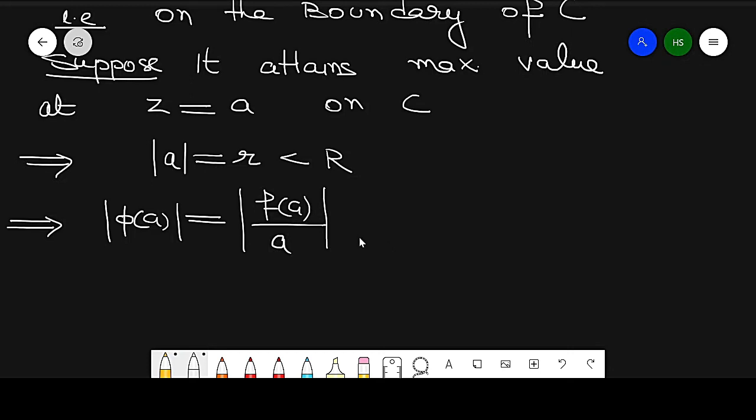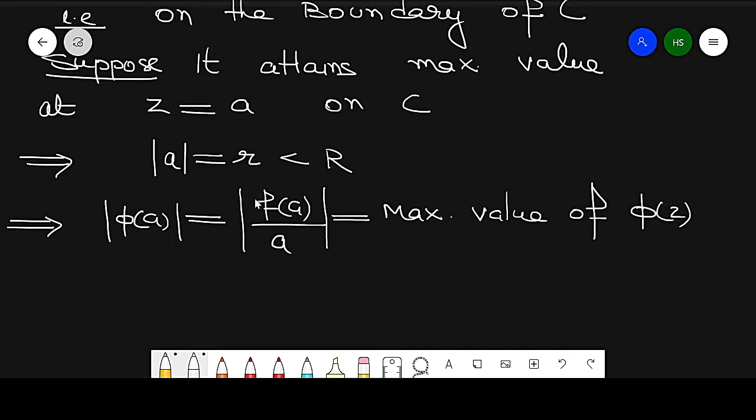So what is this? It is a maximum value of phi z, that is at point A.